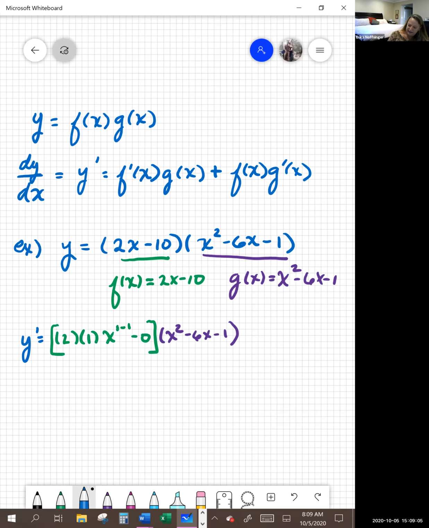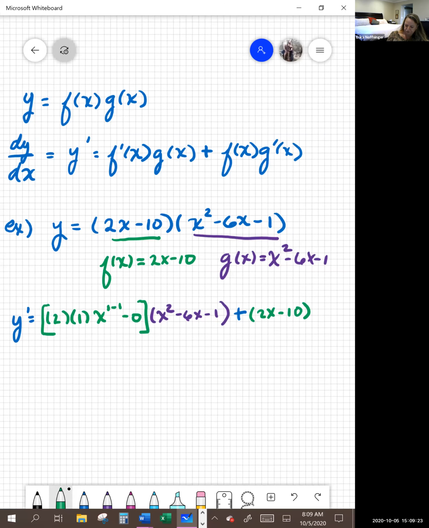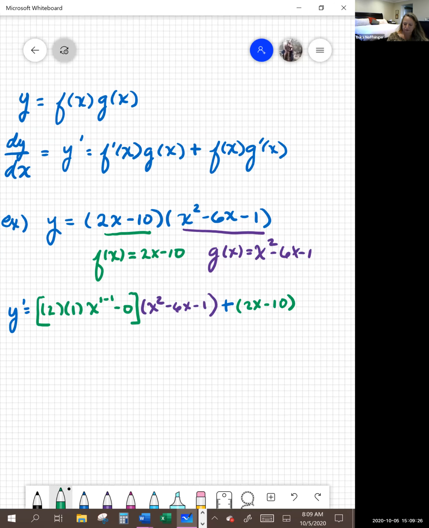And then it said plus the first, which was our 2x minus 10, all times the derivative of the second. So general power rule, bring down our power. So we have 2x, and then take the derivative of minus 6x.